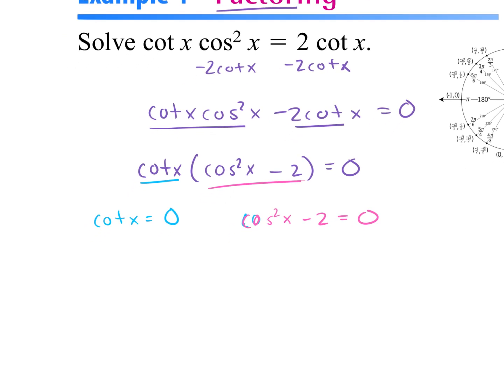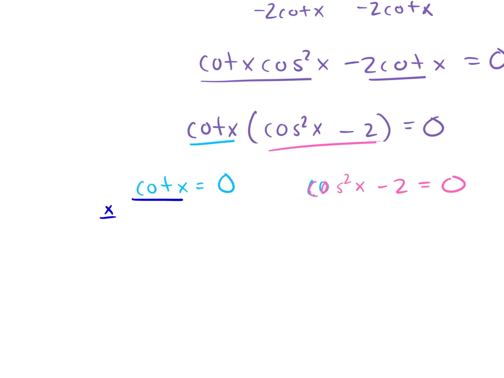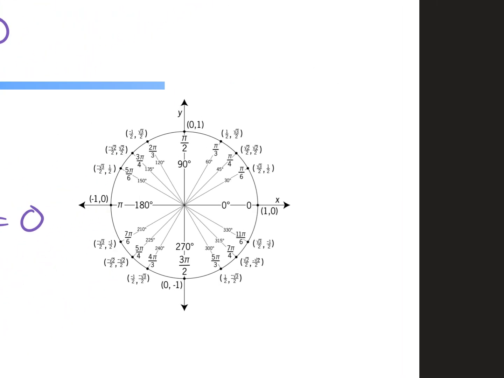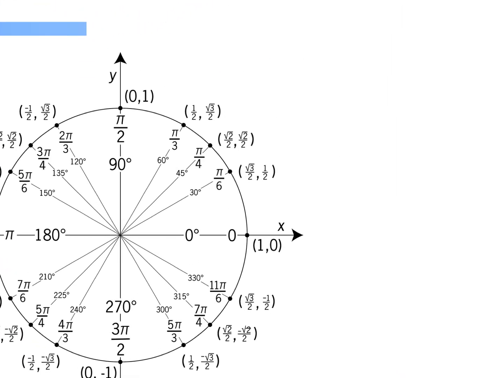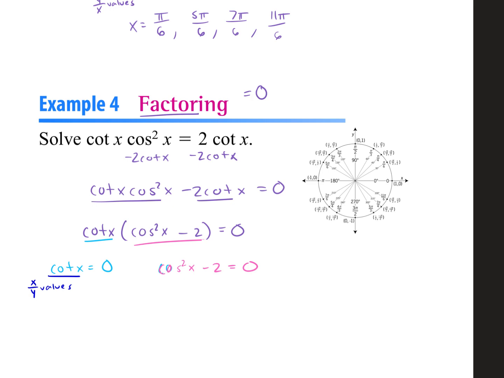So cotangent tells me I have to look at what values? X over y values. So I have to do the same thing I did before with the tangent ones, but instead of y over x, it's x over y. So on my unit circle in the first quadrant, I need to figure out what x over y is, but what am I looking for? 0.